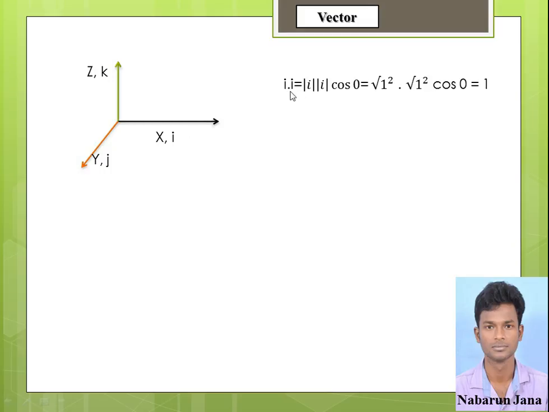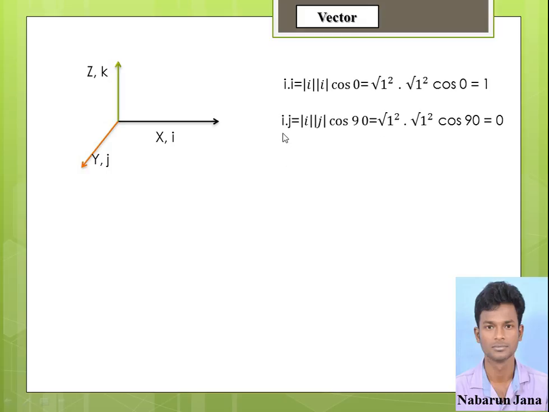So i dot i means mod i into mod i cos of the angle between them. Mod i means root under 1 square, so it is mod i into mod i and cos of the angle between them. As i and i are the same, the angle between them is 0 degrees, so put 0 degrees, and from this you get i dot i equals 1.